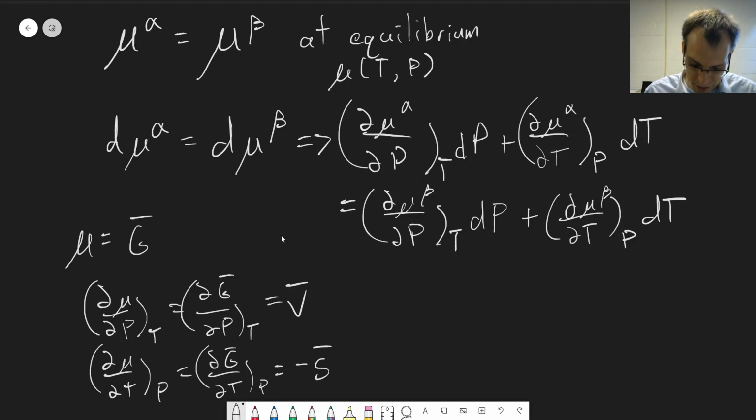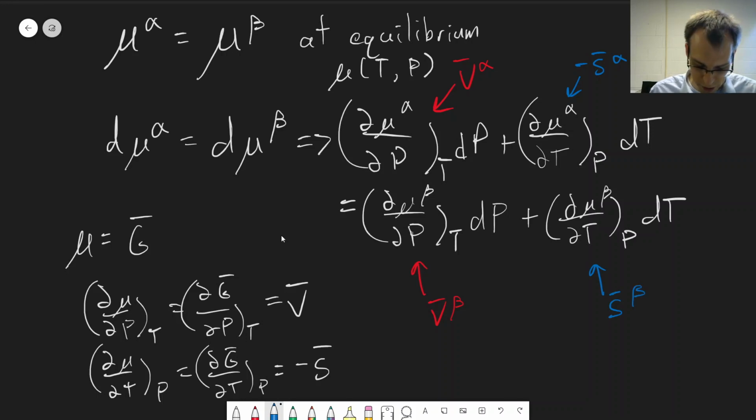This partial derivative here is going to be V bar of phase alpha. This partial derivative here is going to be negative S bar of phase alpha. And we have the same thing here for phase beta.